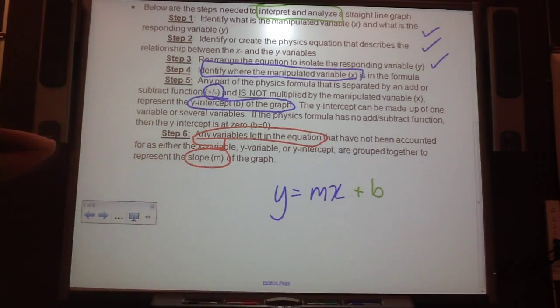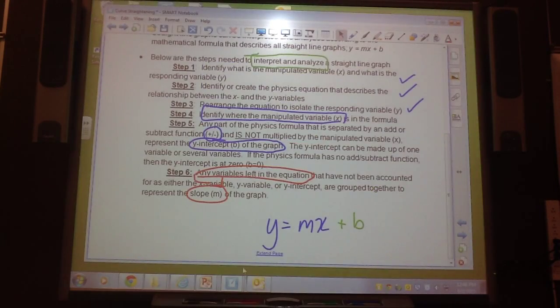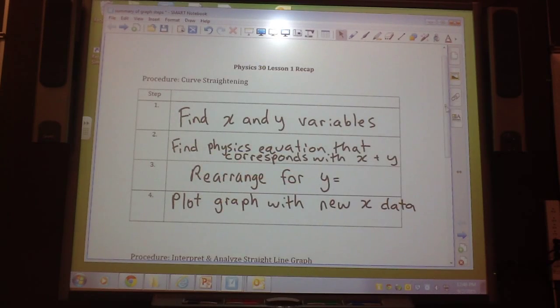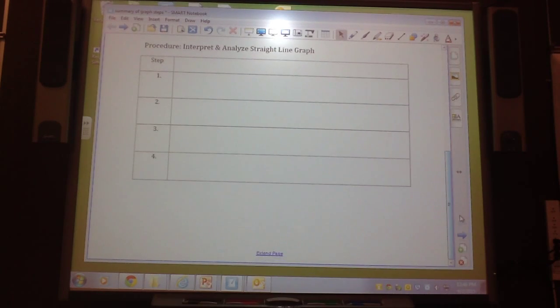So I guess when I gave you those summary sheets, I should have gone like steps 1 to 6. Sorry about that. So let's go to our summary sheet and just put this in simpler language. So we'll have to add 5 and 6, my apologies.